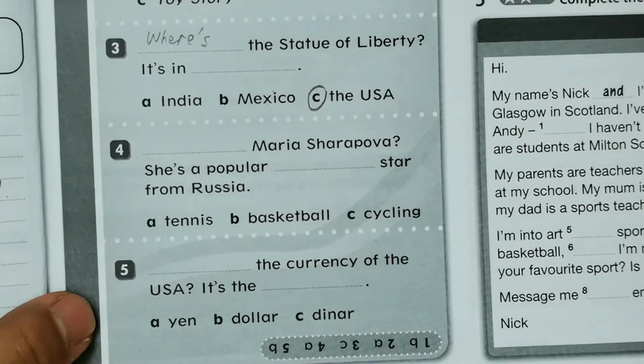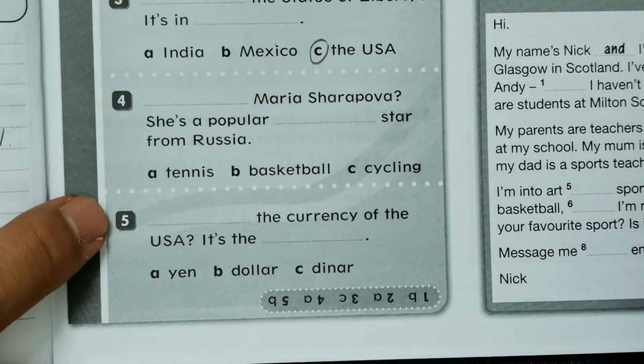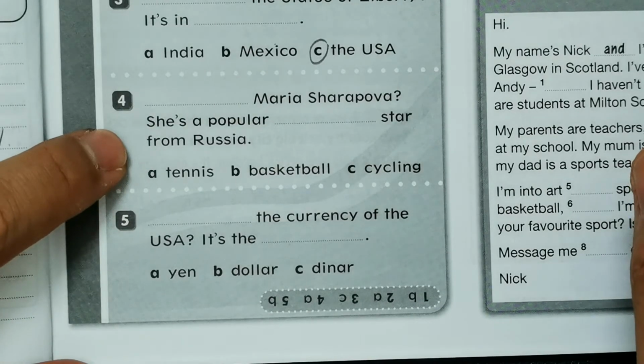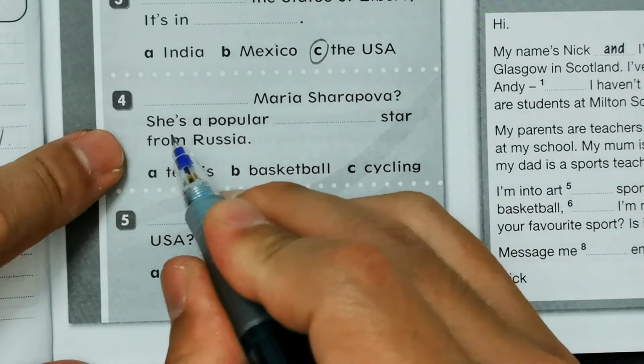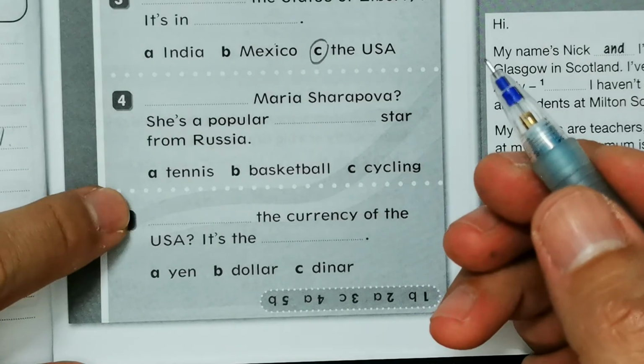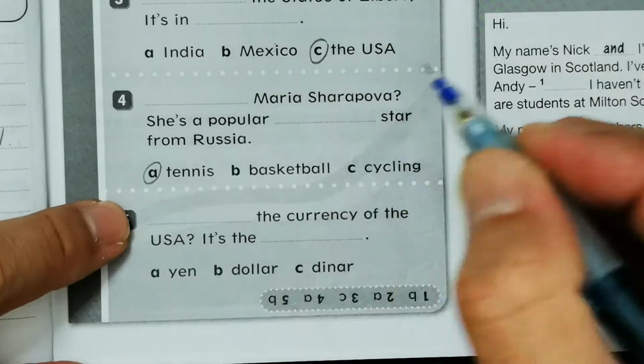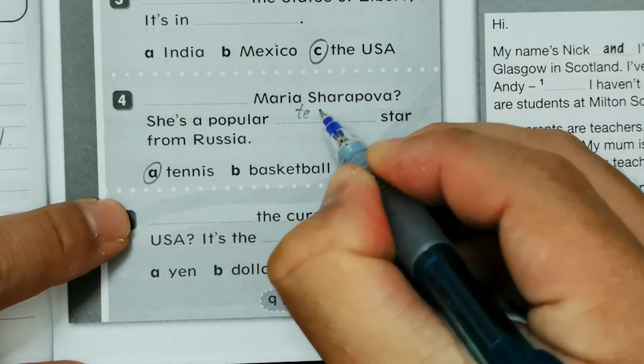And then number 4. So Maria Sharapova, born in 1988. A gorgeous woman. So she's a popular, this is in sport tennis. So we have this one A. So tennis.